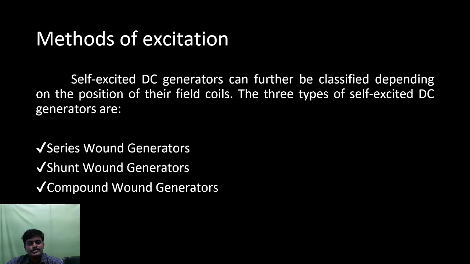So according to the connection of the field coil, we can classify the generator into three categories: the series wound generator, the shunt wound generator, and the compound wound generator. We will see them one by one.